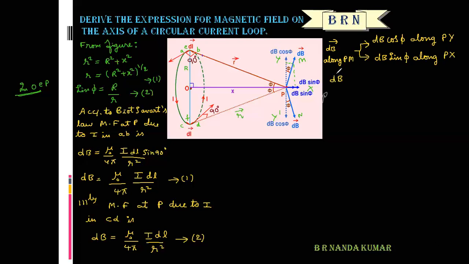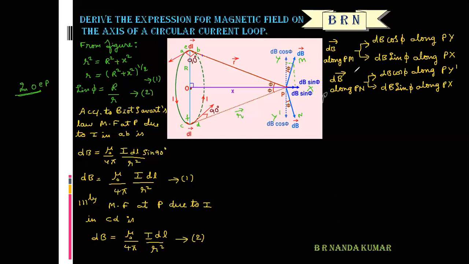The dB vector along Pn also splits into two rectangular components. One is dB cos phi along Py dash, and another one is dB sin phi along the Px direction.